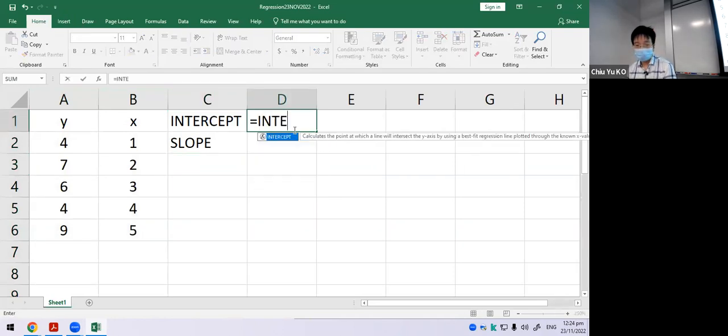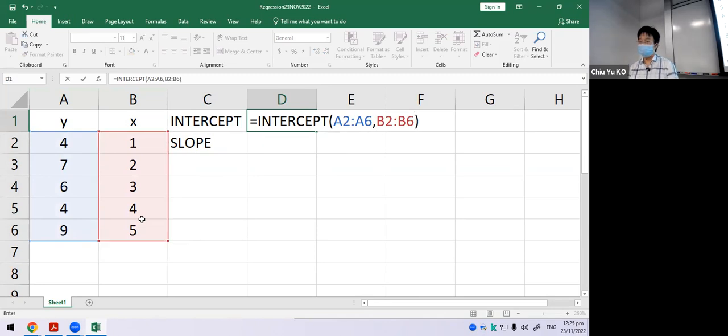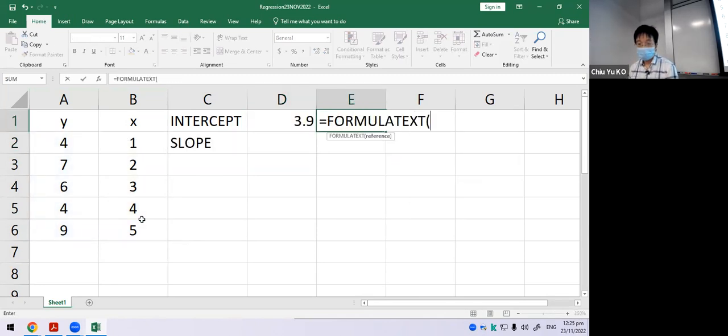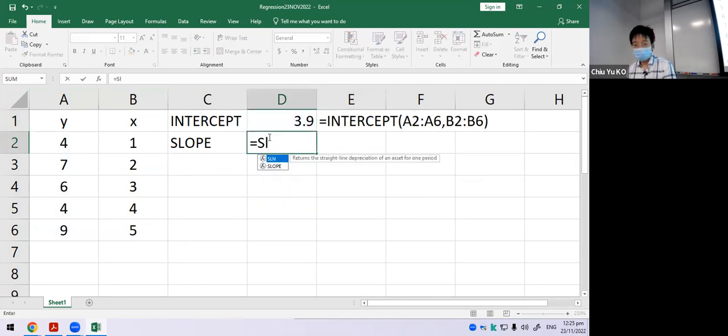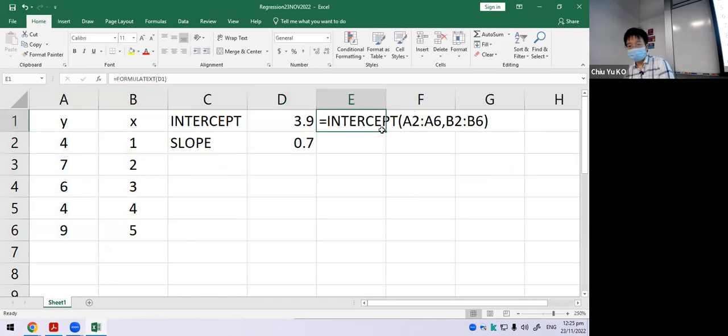It's just INTERCEPT of y and x. So this is how you get the intercept. We did that last time. And we can do the same for the slope. Put the bunch of y here, the bunch of x here. So this is how you get the slope.